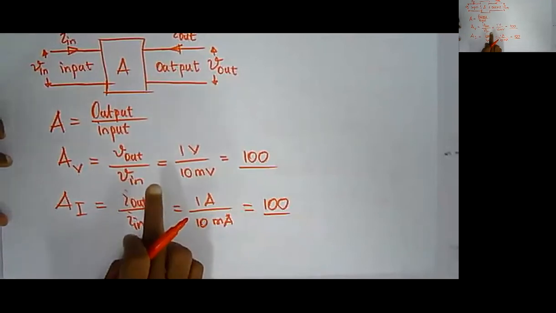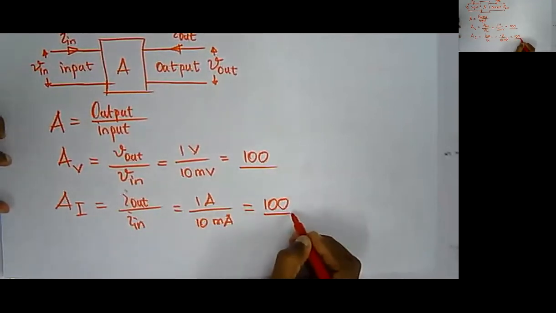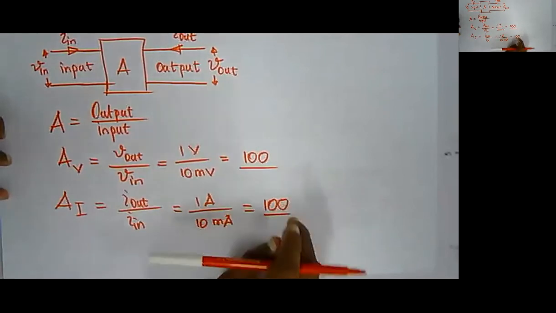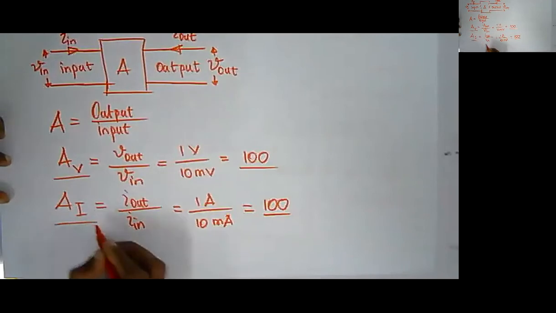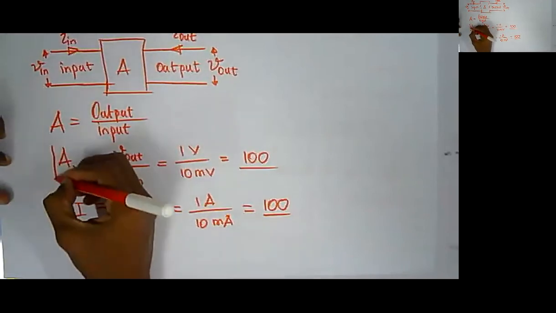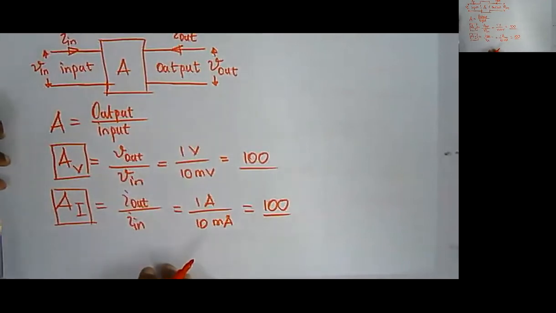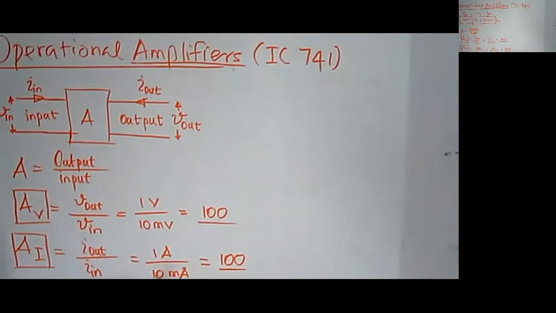Again, we have current in both numerator and denominator, so this 100 is also dimensionless, a numerical constant. So A_V and A_I are both numerical constants and they don't have any dimensions.